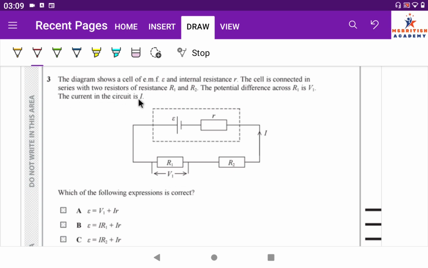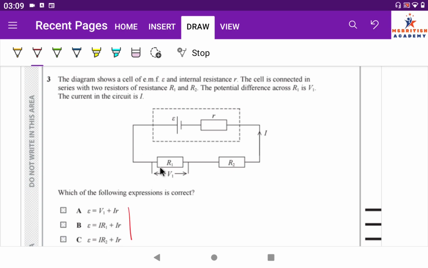The total current in the circuit is I. Now it is moving in this direction because current originates from the positive or higher terminal, and it goes like this. Which of the following expressions is correct?